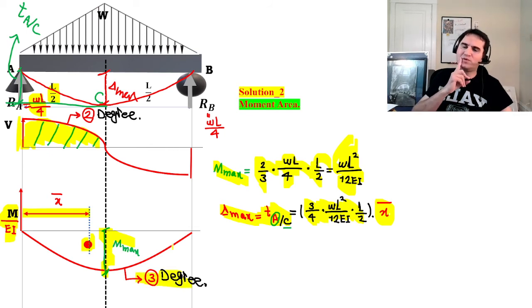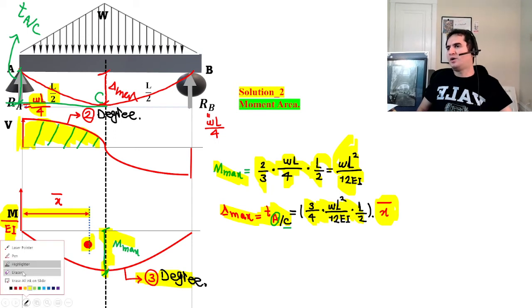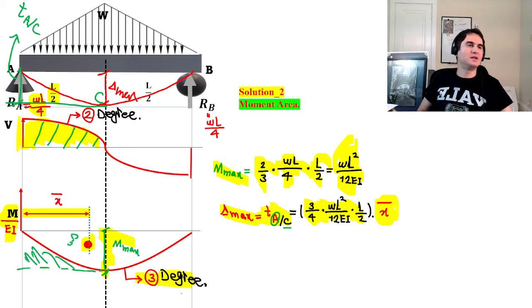Let's see how that works. For x bar, I just need to calculate the centroid for a third degree parabolic spandrel. I know how to do this for the usual parabolic spandrel, but for this one I need to calculate based on the centroid concept.